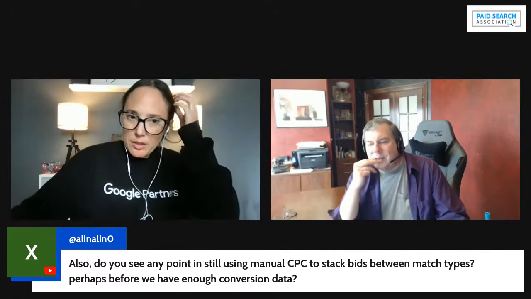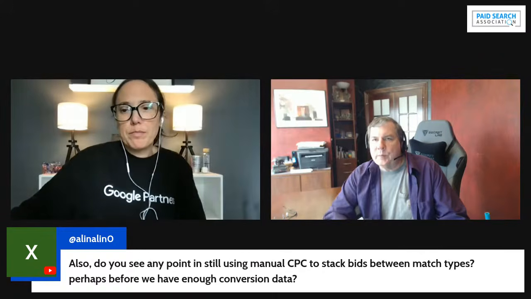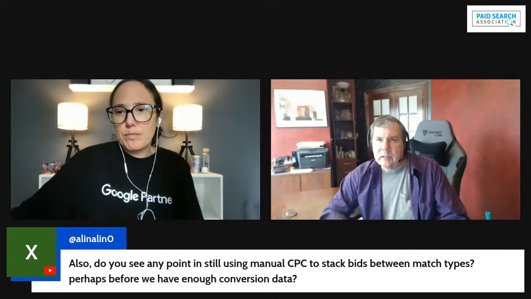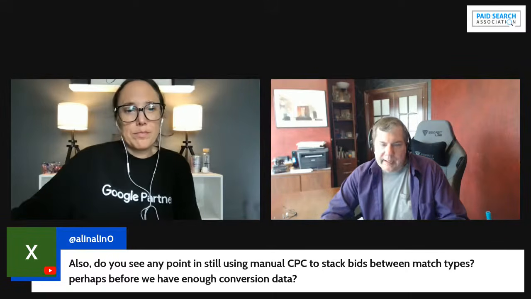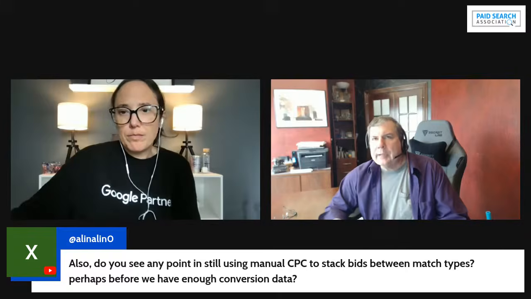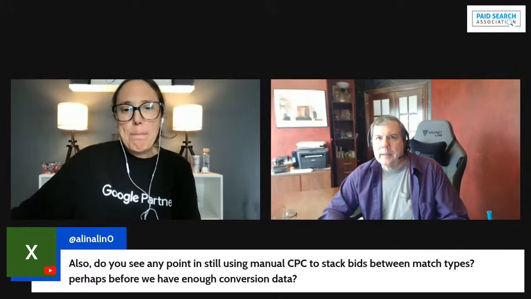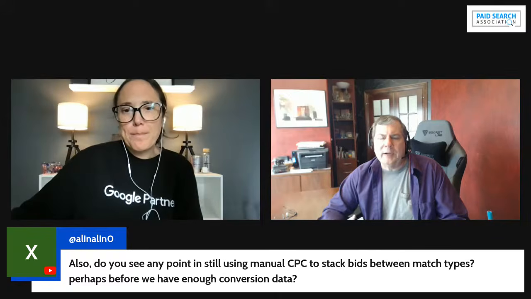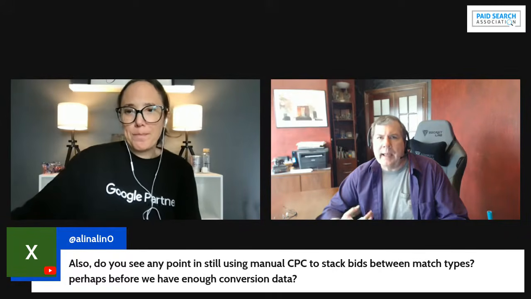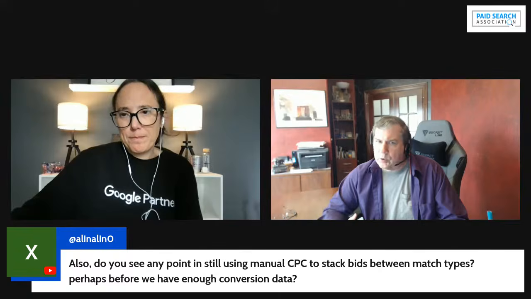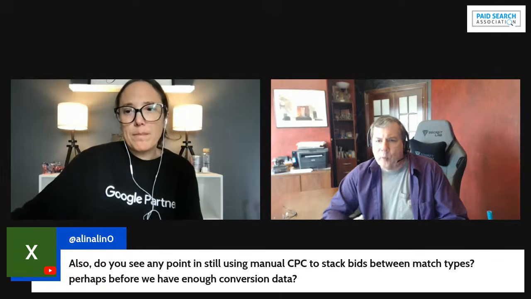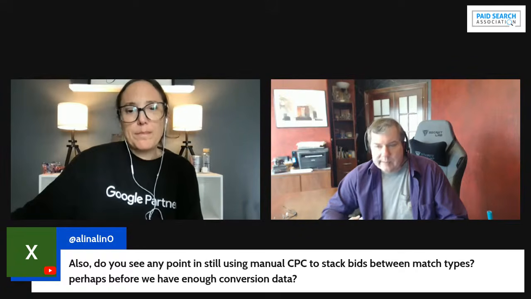No, I mean, no. The reason to use manual CPC is you have data Google doesn't, and you can do some bid adjustments they can't. If you need to use certain bid adjustments, like location and time of day, a lot of these Google ignores for certain things, and you may have a more sophisticated way of actually setting your bids.